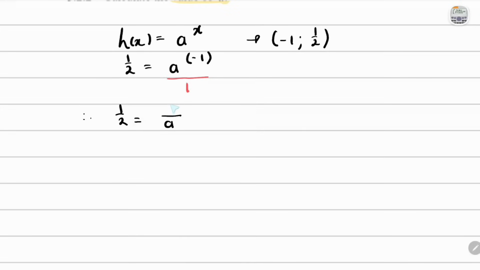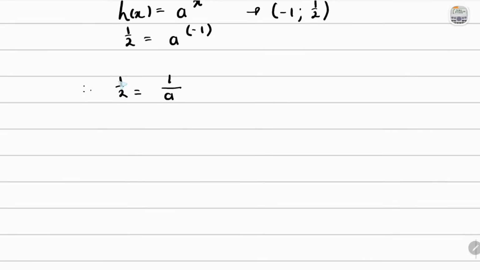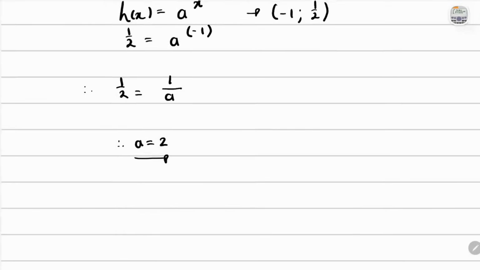Now in the numerator, we have a placeholder of 1. That is not this one over here. They do not switch places. It's really just the one that was in front of the a. Okay, so this is what we have. And if 1 over 2 is equal to 1 over a, then this means that a is simply equal to 2. That is what a should be for this equation to be equal. Okay, and that is our value.